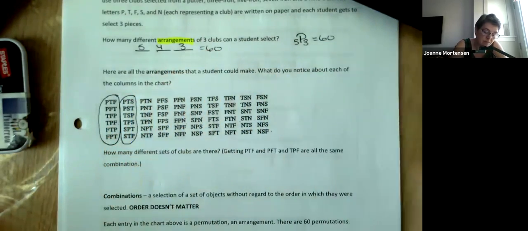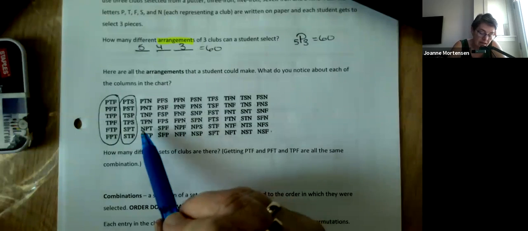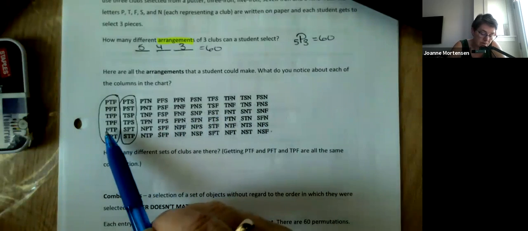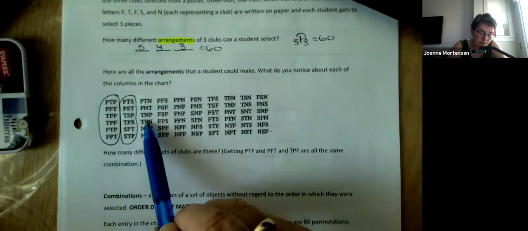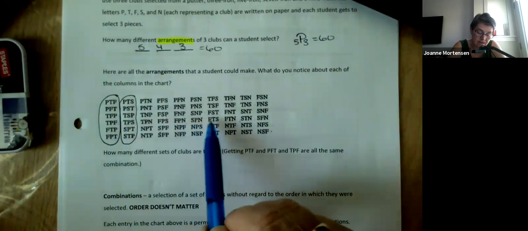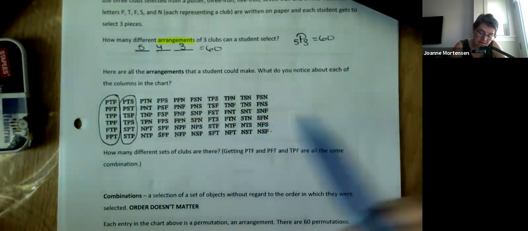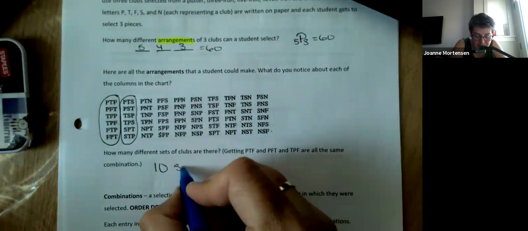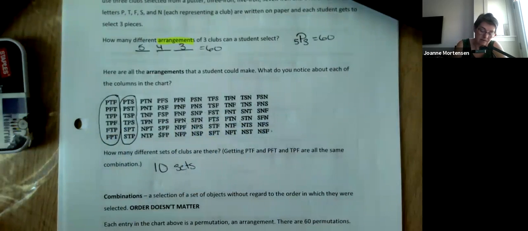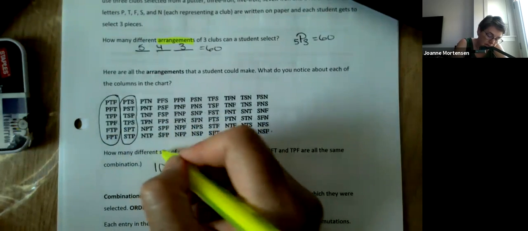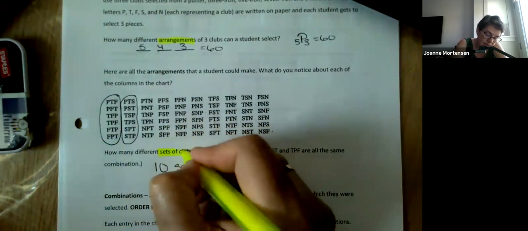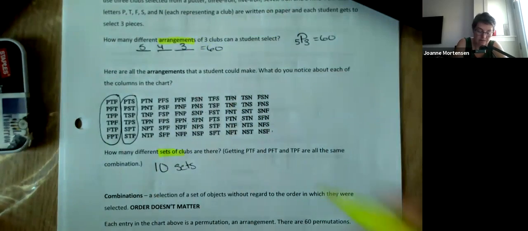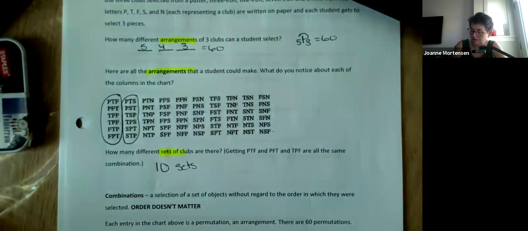You're just rearranging them all the time, and it's the same all the way across. So there's really only 1, 2, 3, 4, 5, 6, 7, 8, 9, 10 sets. So notice sets versus arrangements. Those are 2 different things.